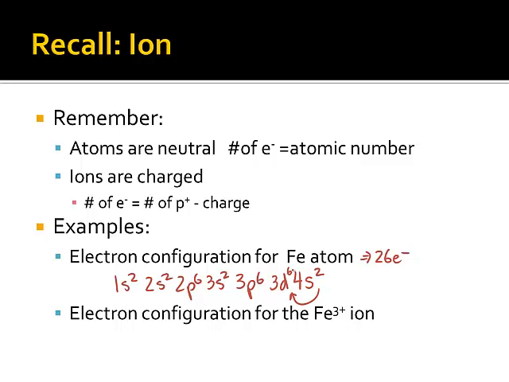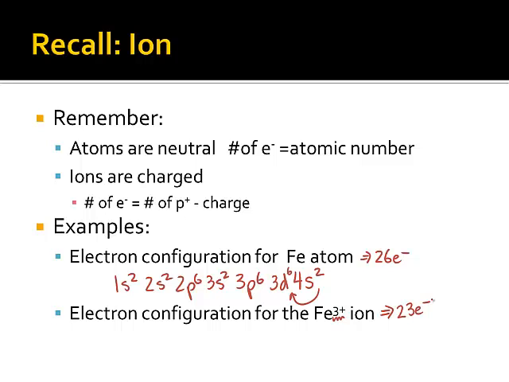Now, when I look at the electron configuration for the iron ion that's a 3 plus, it has 3 more positives than negatives, which means that I'm looking to place 23 electrons. The common mistake here is that people will just start from scratch with 23 electrons.